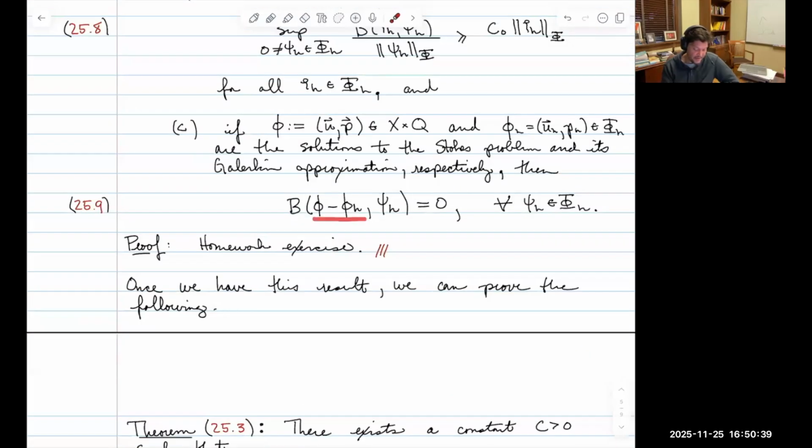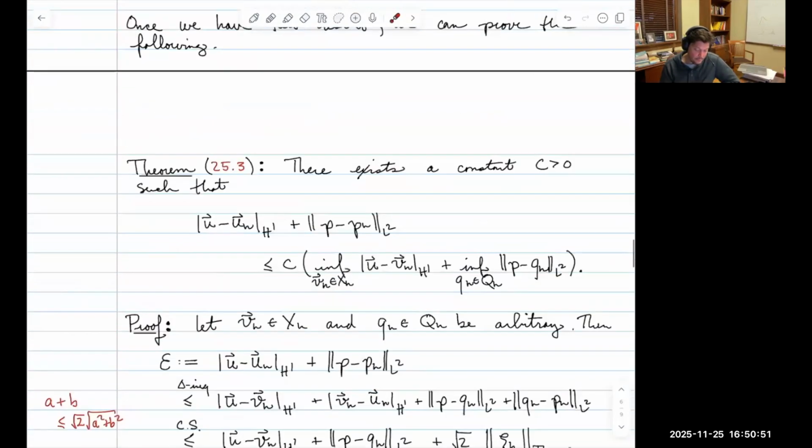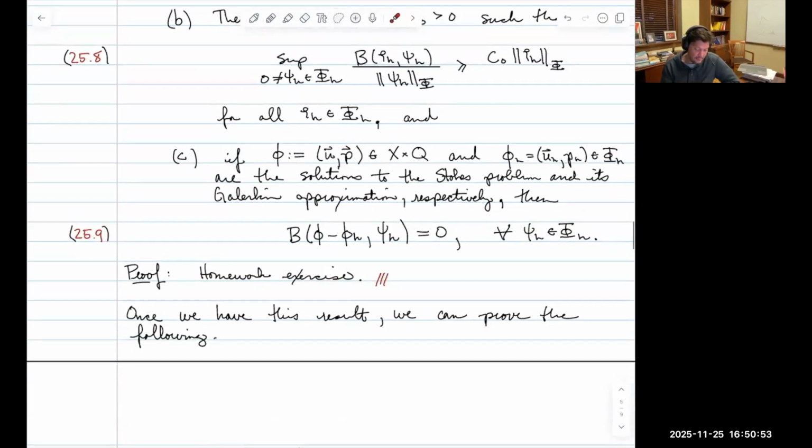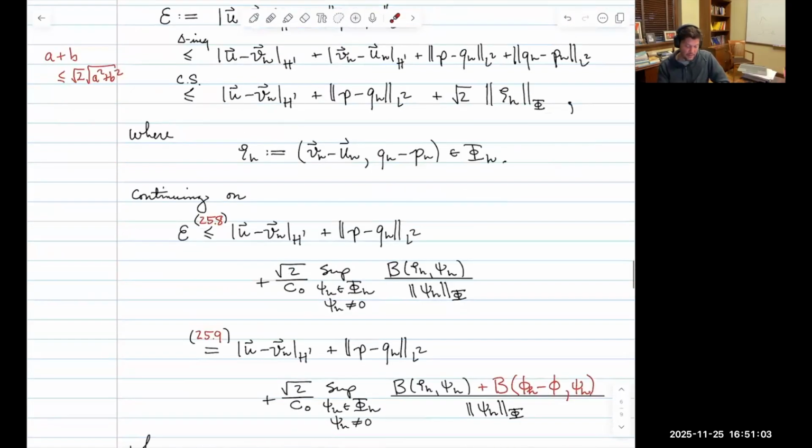Phi minus phi h, except I'm going to put a minus sign on that. That's fine because this is a true bilinear form and the minus can go in or out, doesn't matter. That is to say, this is true. If I put a minus inside, this is still true because that minus can come out and it's still going to be 0. I hope you see what I did there.